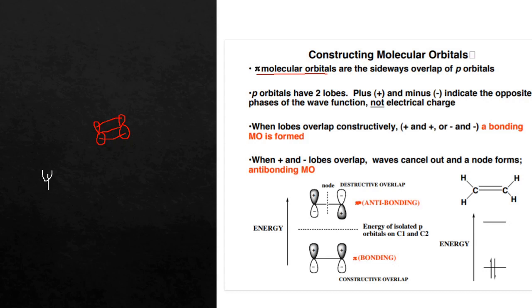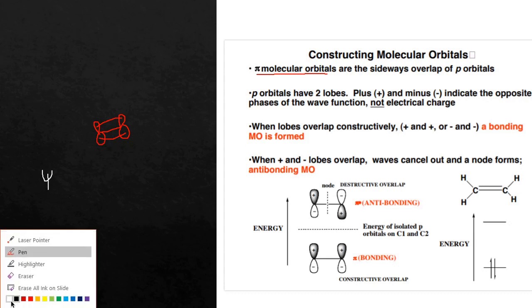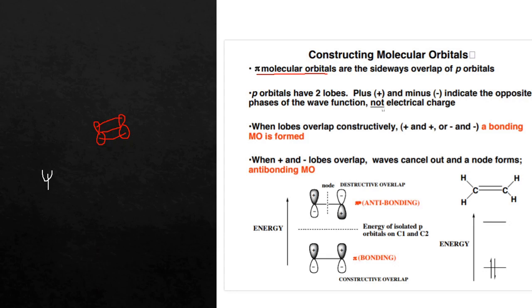And please remember, these two signs, positive and negative, are not electrical charge. We have to keep that in mind. It is the representation of the phases of the wave function.